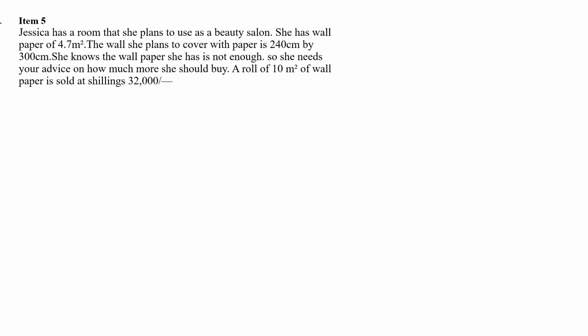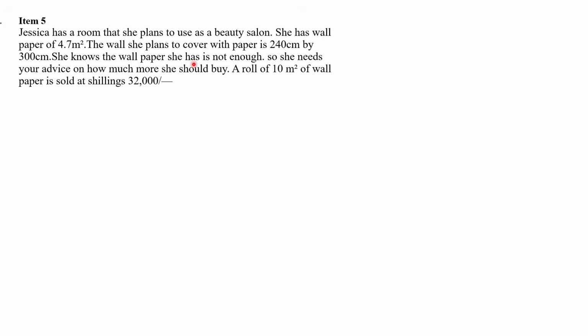Then item 5, now that is section B, part 2. And here we have the first paragraph that says, Jessica has a room that she plans to use as a beauty salon. She has a wallpaper of 4.7 square meters. The wall she plans to cover with a paper is 240 centimeters by 300 centimeters.